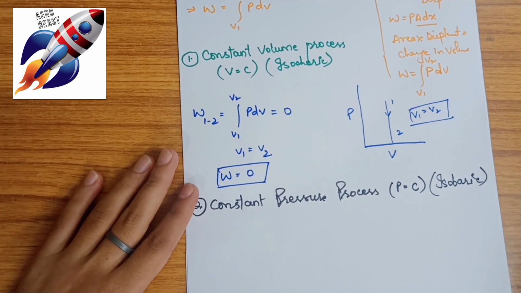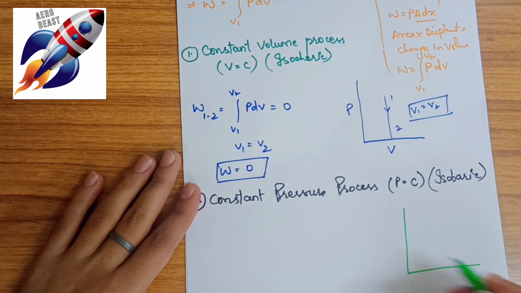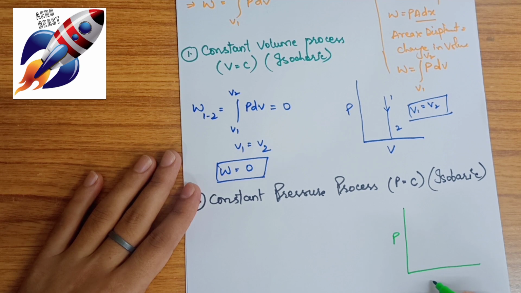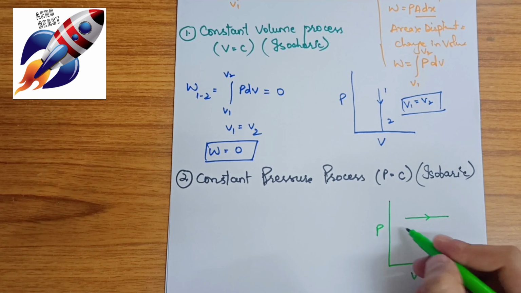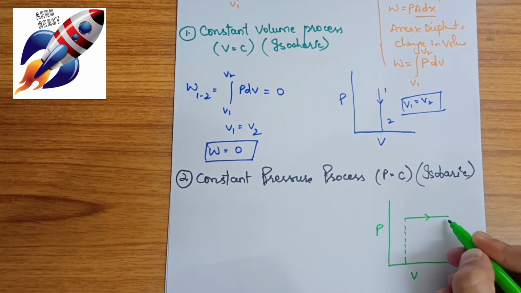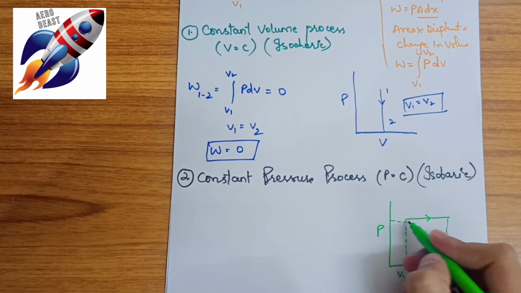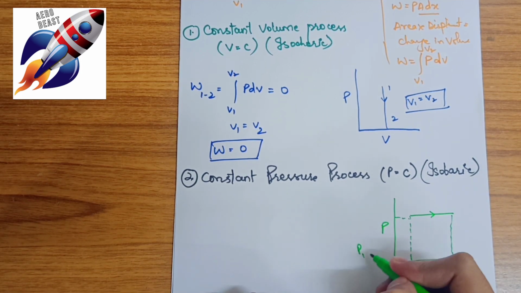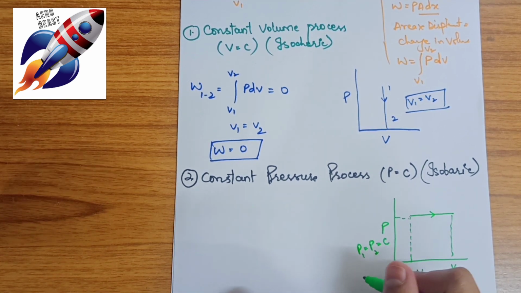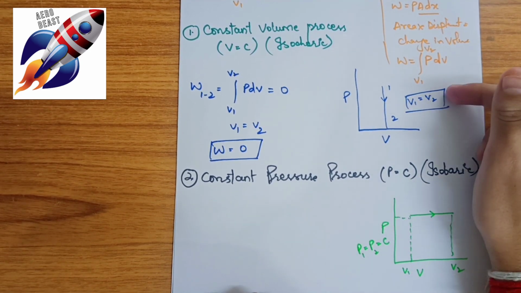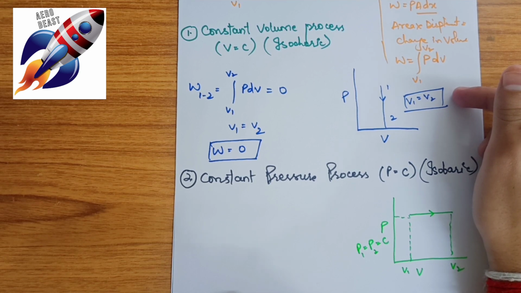Going with the graph for the constant pressure process, here is the pressure and here is the volume. For the constant pressure process, the graph will come like that. This one is volume 1, this one is volume 2, this one is pressure. Here P1 is equal to P2 is equal to constant, which means the pressure remains constant.